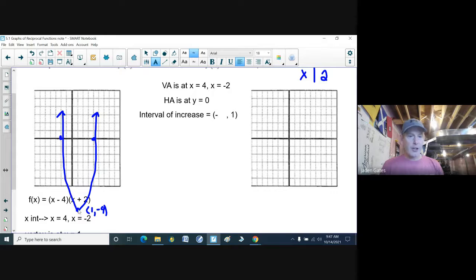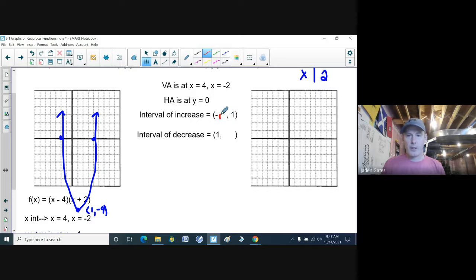And with the original function, it increases from 1 onwards. So on our reciprocal, that's our interval of decrease. It's from 1 to infinity. Let's put some infinities in there.